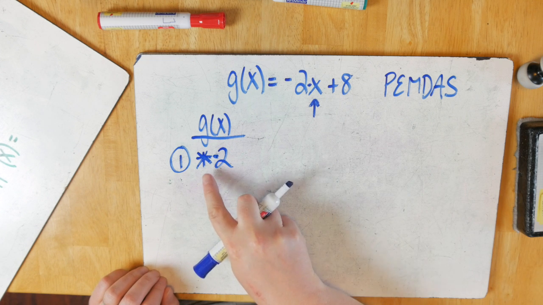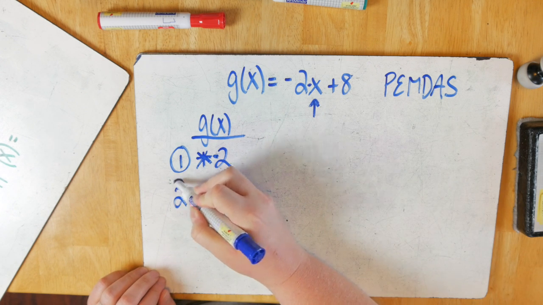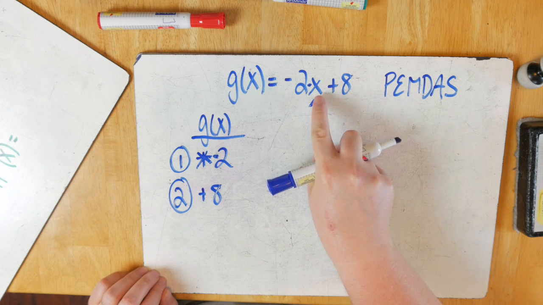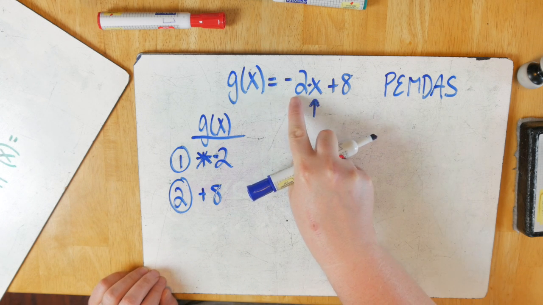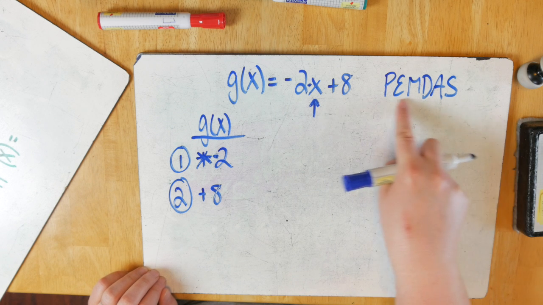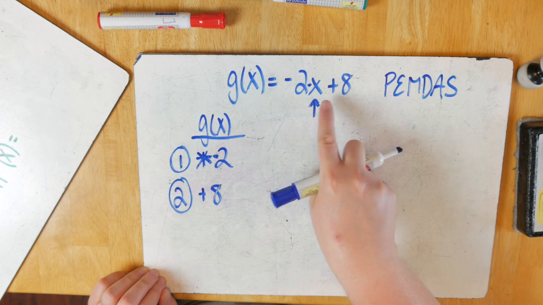And the second thing that would happen is we would add 8. And that is the order, according to order of operations, that we would change our input based on the function that we're working with.